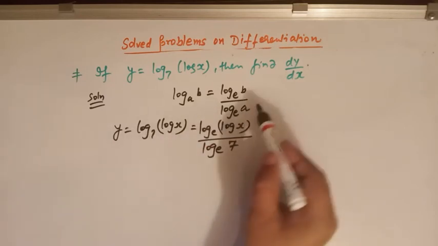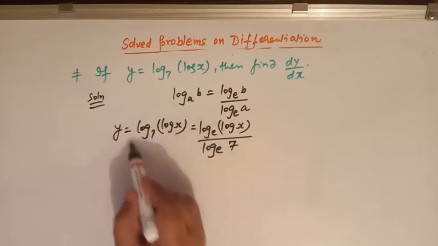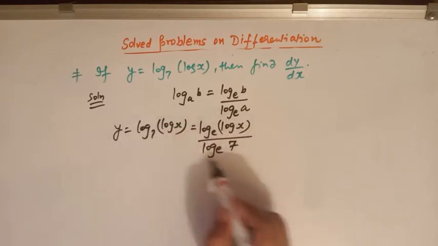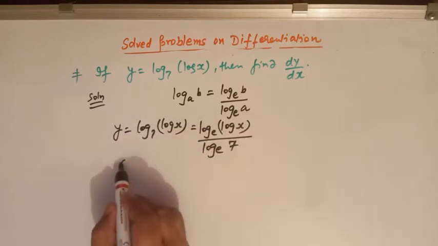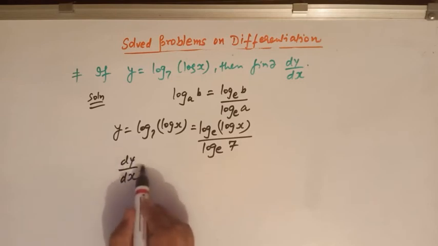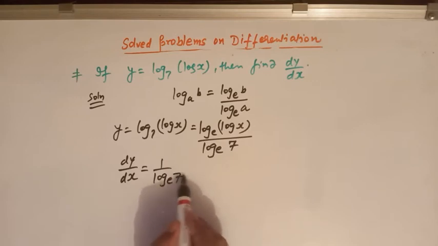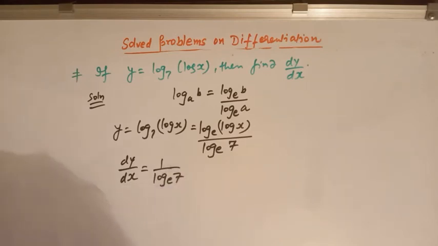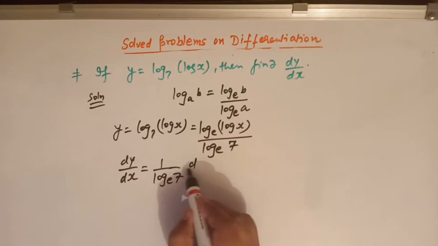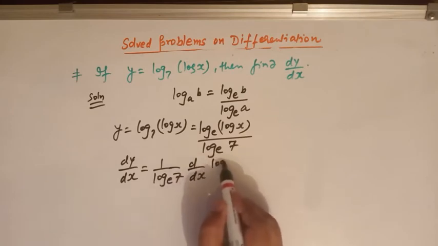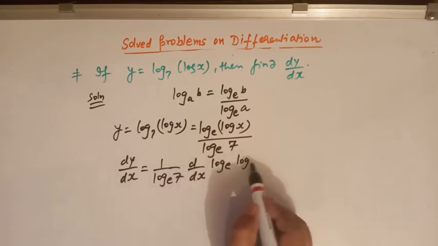Clear? So by this formula we have reduced this expression to this. Clear? Now let us find the derivative. So dy over dx: log e of 7 becomes the constant, so we take it out, and we have to differentiate only this term, log e of log x.